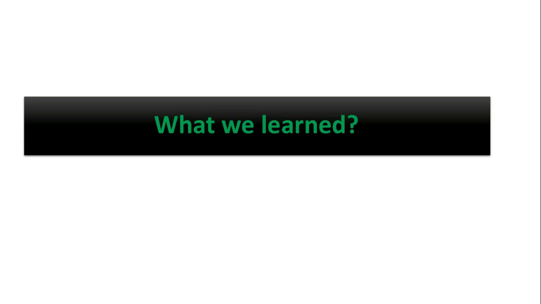Finally, another new method is DRIS, the Diagnosis and Recommendation Integrated System, which approaches all possible elements which are limiting to the crop yield. So this is all about our lesson, the diagnosis of plant deficiency by plant and soil analysis.